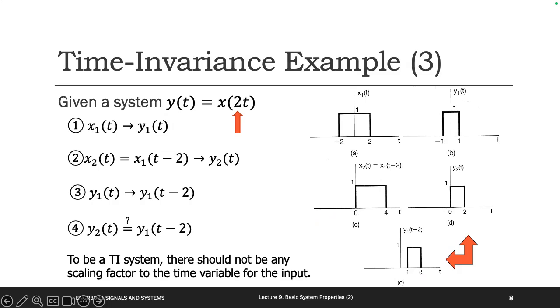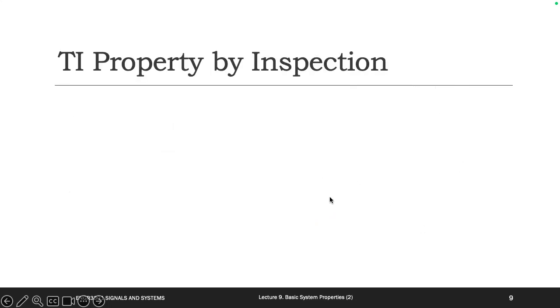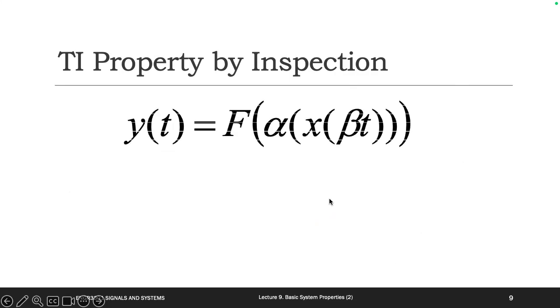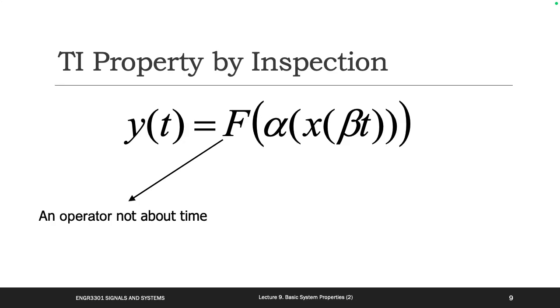Okay, let's try to do a sum. TI property by inspection. For example, this is your system. If there is an operator not about time, for example a constant, it will not involve any time.